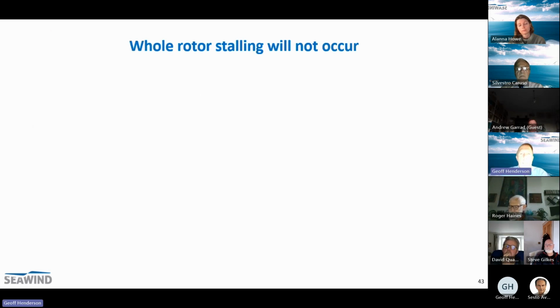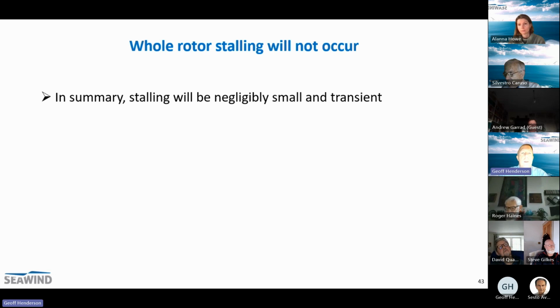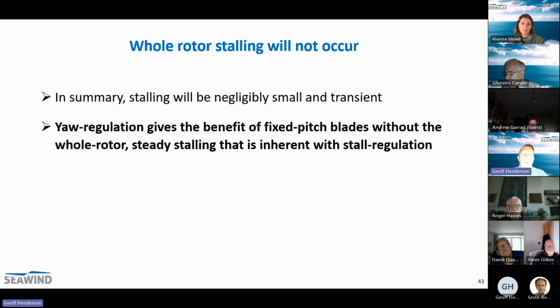So we don't see any issue there. The simple point being that whole rotor stalling will not occur. It'll be negligibly small and transient. So your regulation gives the benefit of fixed pitch blades without the whole rotor steady stalling that is inherent with stall regulation.